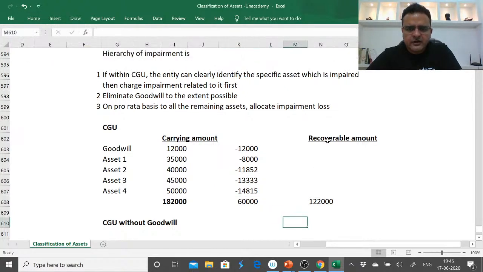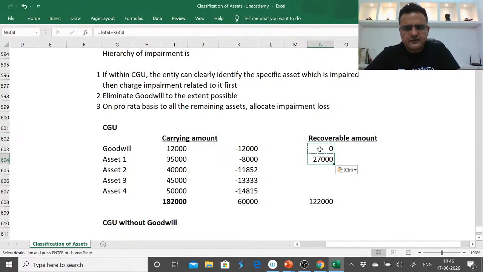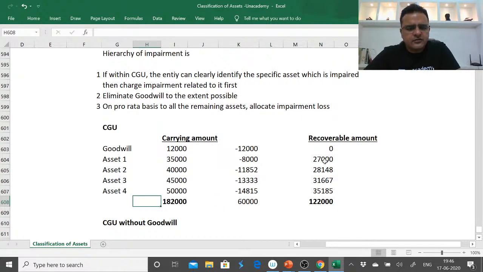So recoverable amount after charging impairment loss to these assets is 27,000, 28,148, 33,1,667. The total of these turns out to be 122,000. So this is how we'll be allocating impairment in case we have goodwill available with us.